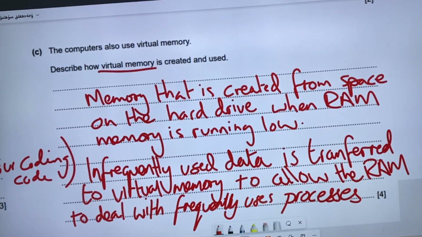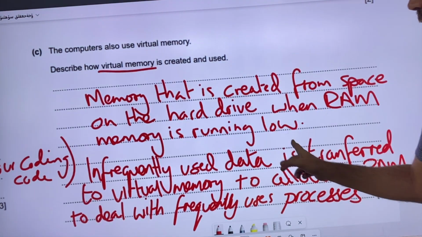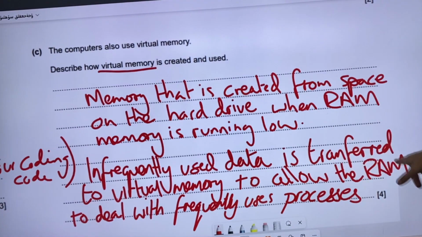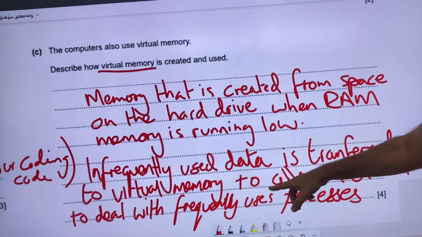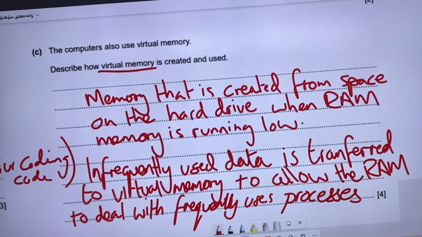Okay, I think that would get us 4. Memory that is created from space on the hard drive when RAM memory is running low. Infrequently used data is transferred to virtual memory to allow the RAM to deal with more frequently used processors. Okay, 4 marks.